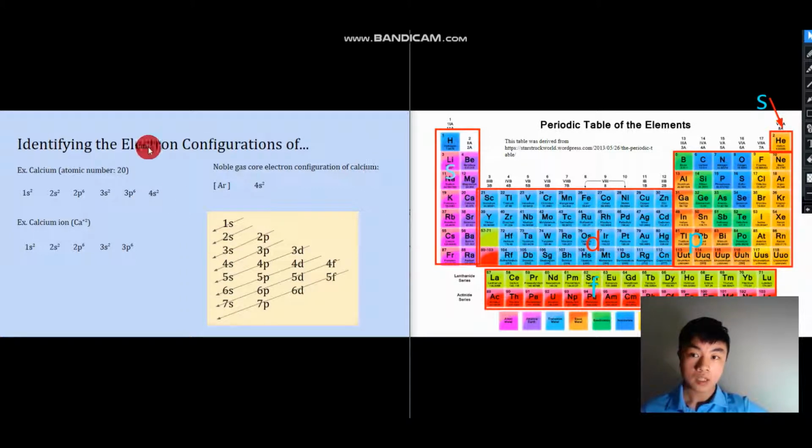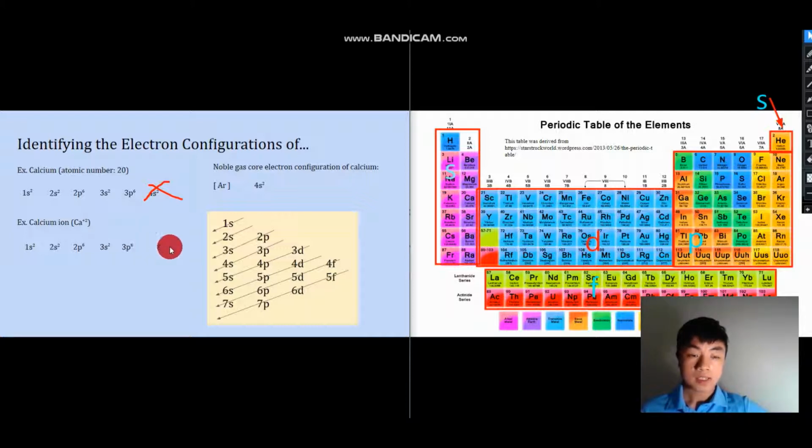However, because it lost 2 electrons, we can say that 2 minus 2 is just going to be 0. So 4s0 is just not going to be there anymore, right? Because if we lose 2 electrons, since 2 minus 2 is 0, 4s2 is not going to be there anymore, and now its calcium ion is going to end in 3p6.